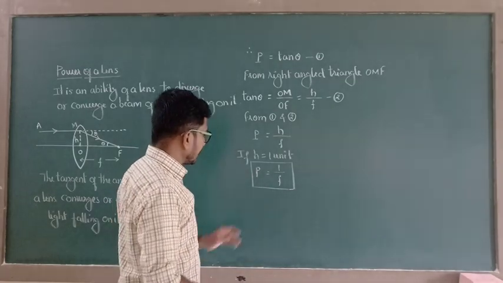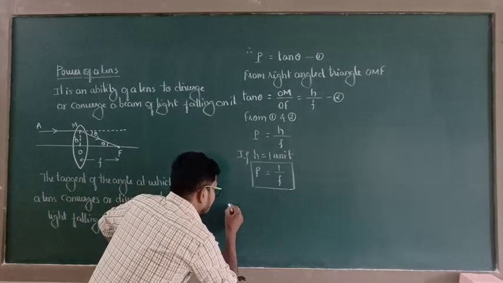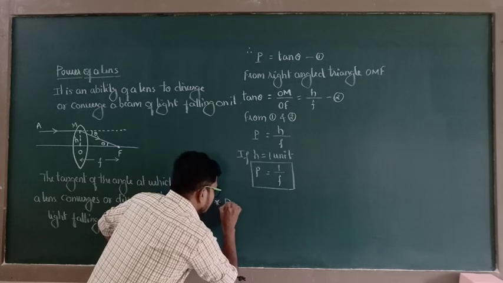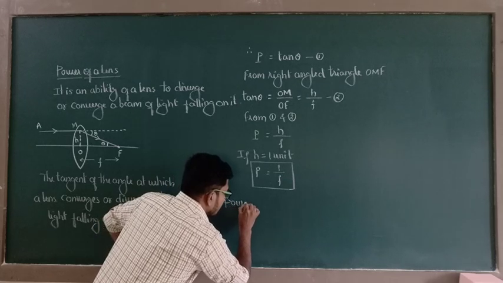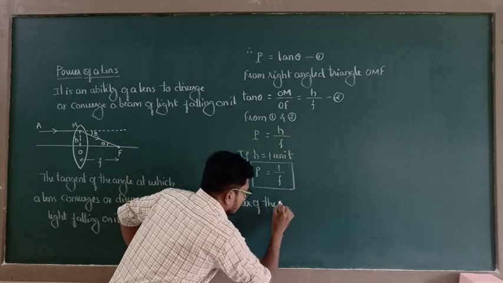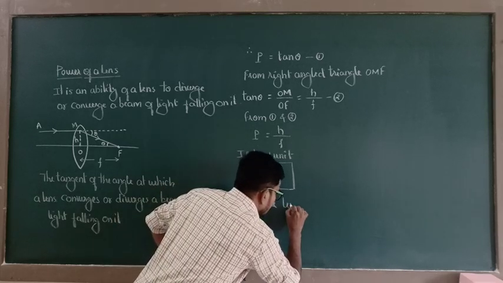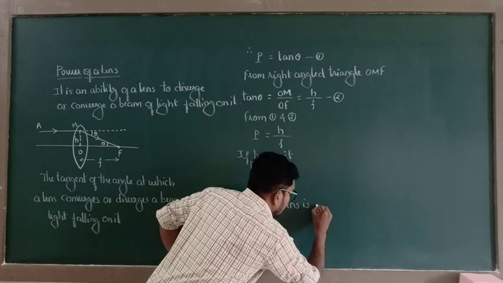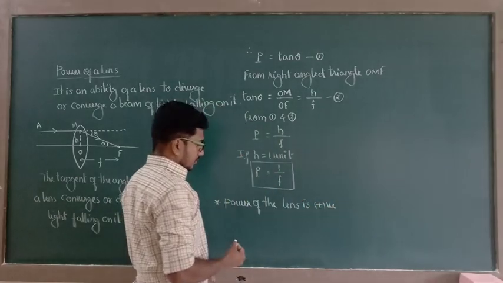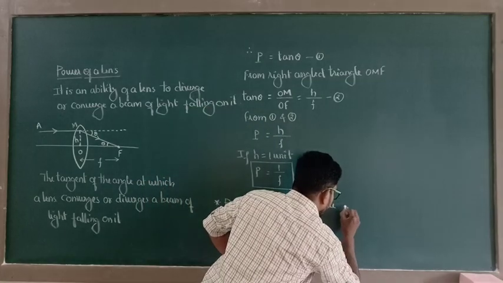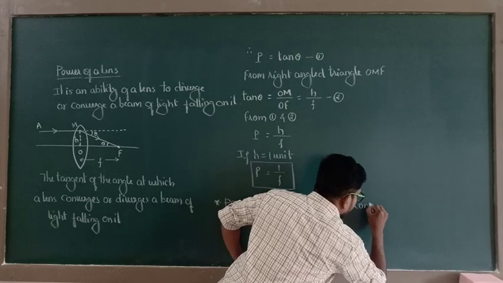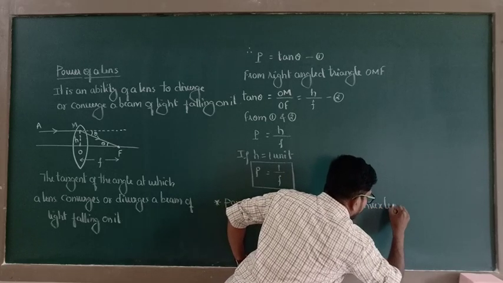So, if you want, you can write here: power of the lens is positive for convex lens.